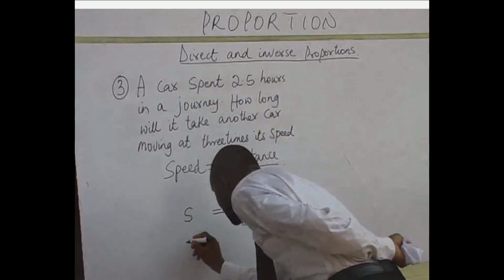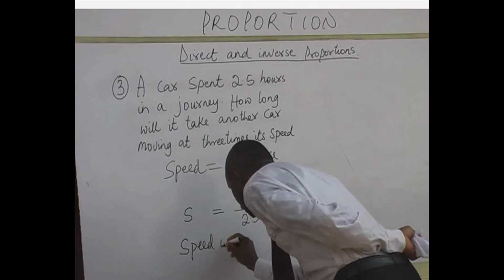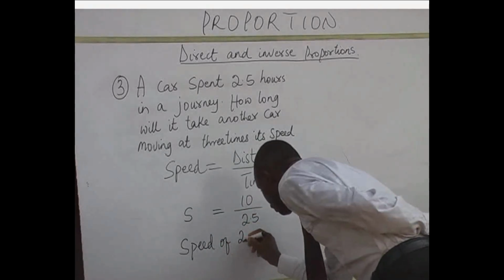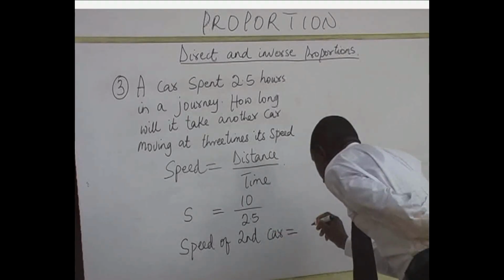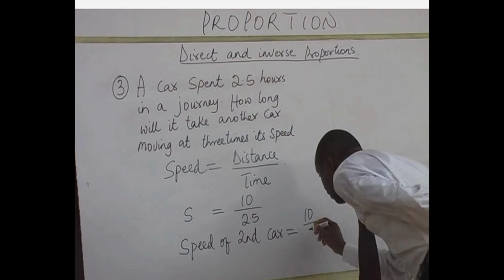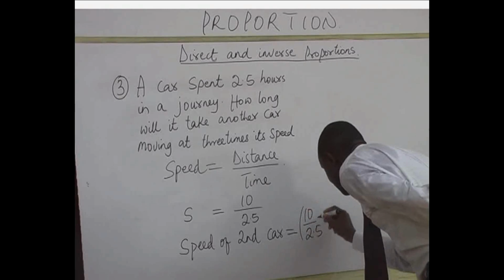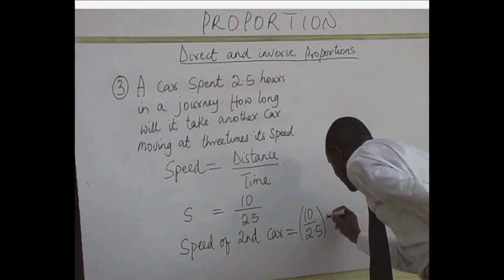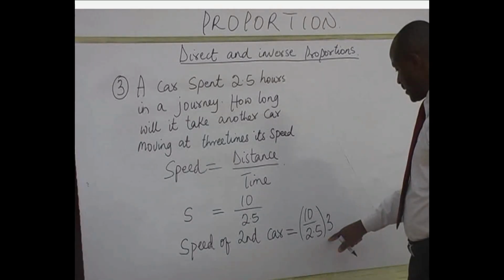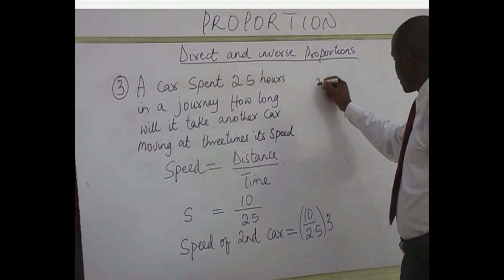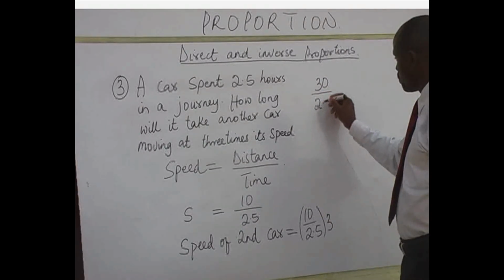That means the speed of the second car is equal to 10 divided by 2.5 times 3. Let's simplify this. 3 times 10 is 30, divided by 2.5.